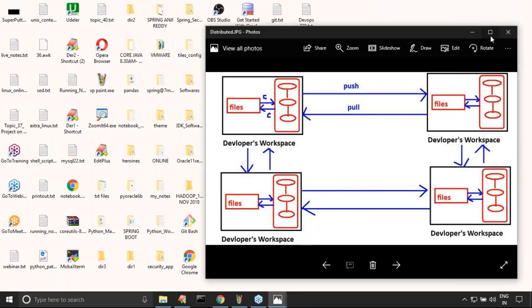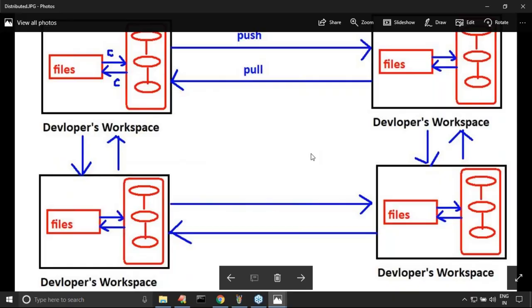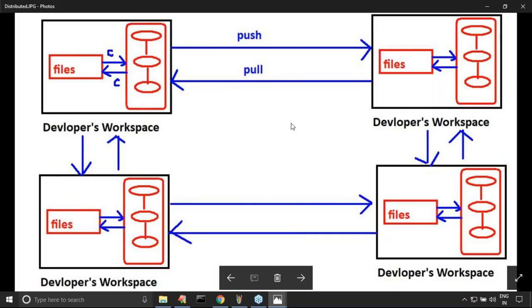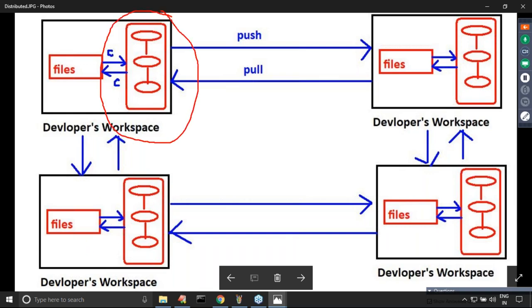To overcome these problems, we go for distributed version control systems. In a distributed version control system, there is no question of a central repository. Every developer has his own local repository. All checkout and commit operations are performed locally, so there is no single point of failure.